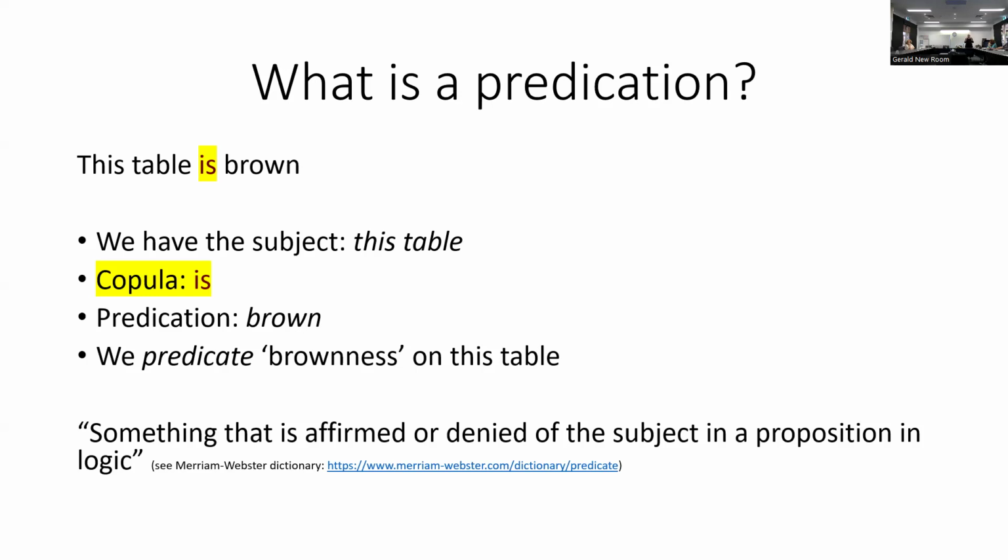So I think it's important to think about what we are actually talking about when we are having the second premise: Socrates is a man. So this table is brown, or gray, or whatever. We have a subject, this table is the subject of a sentence. I don't have to explain grammar.